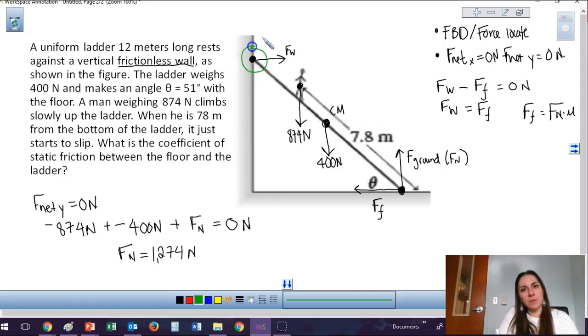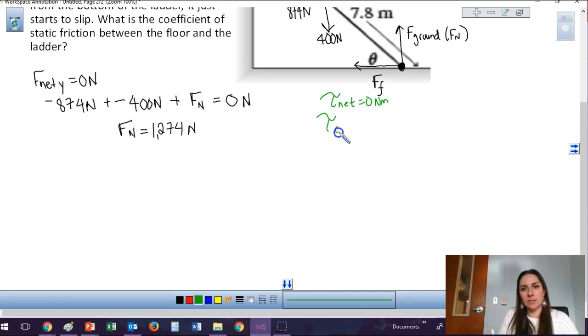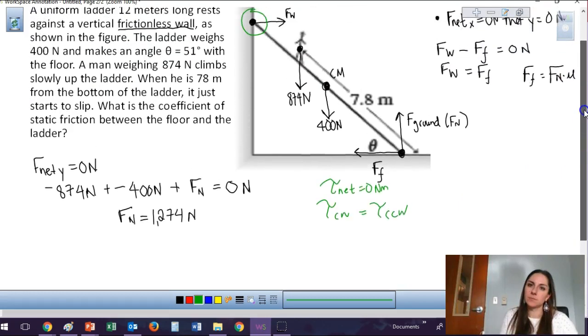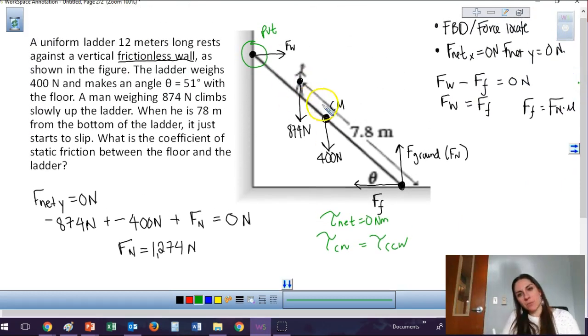If I choose this as my pivot point, I can eliminate the force of the wall, the unknown that's happening here, and then analyze this in terms of torques. So we say that the net torque of the system must equal 0 because we have to stay in equilibrium here. Or like I like to do in class, the torques clockwise have to equal the torques counterclockwise. So I have them placed where they need to go. Let's find their direction. If I go around the pivot point here with this force, I'm going clockwise, so this would be a clockwise force.